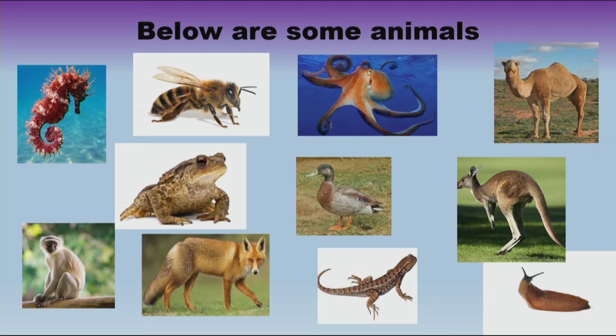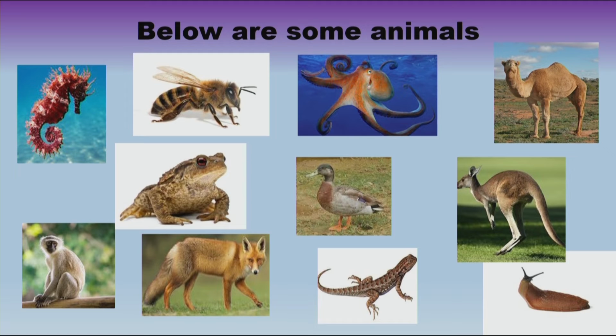Below are some animals. Can you see them? Yes, the first one is a seahorse, a bee, an octopus, a camel, a toad, a duck, a kangaroo, a monkey, a fox, a lizard, and a slug.